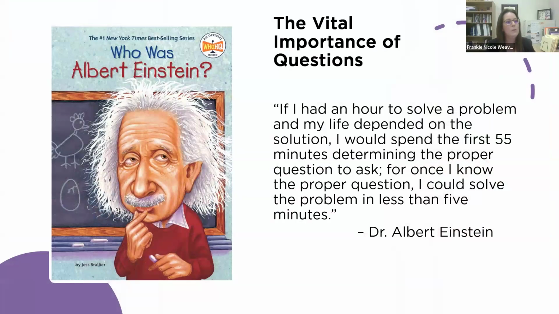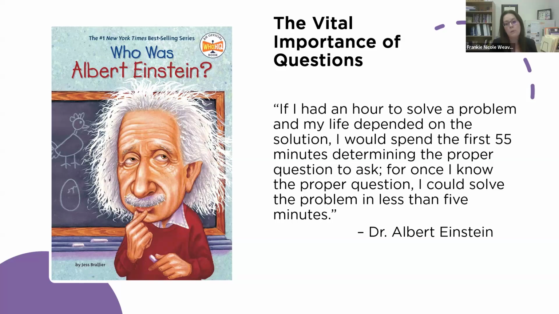So then I wanted to give a little bit of advice tied to developing researchers. And oftentimes the hardest thing is to come up with the questions. So Albert Einstein reminds us, if he had an hour to solve a problem that was extremely important, he says he would spend the first 55 minutes just determining what the proper question was.